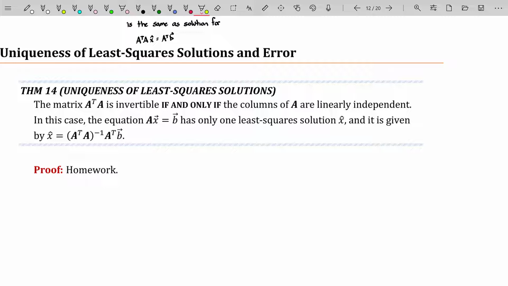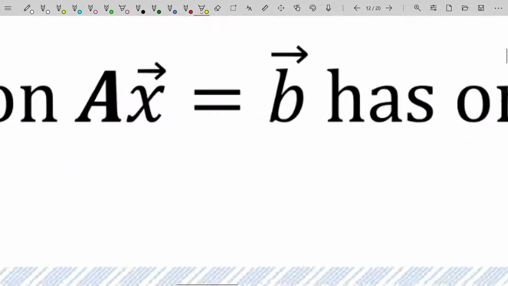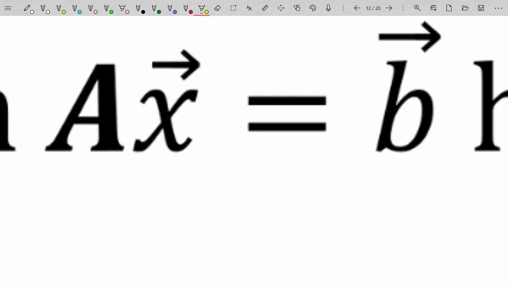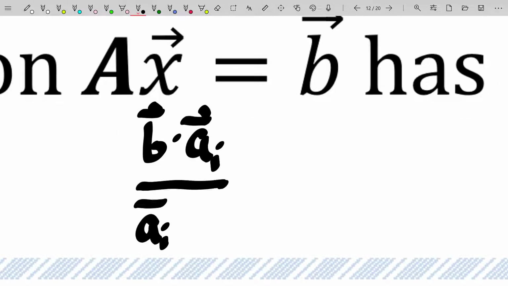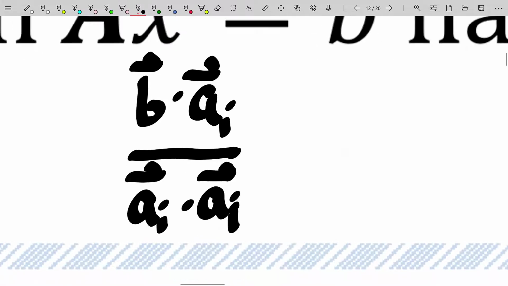However, the orthogonality of columns is super powerful for us, and we know that from our previous work. Let's pretend for a moment that this matrix equation is consistent. Well, if the columns of A are orthogonal, then we know that the entries in x are these coefficients right here.